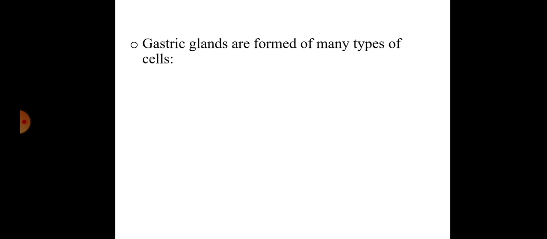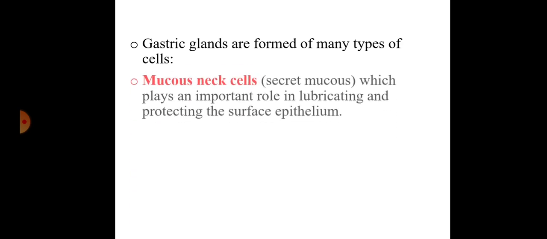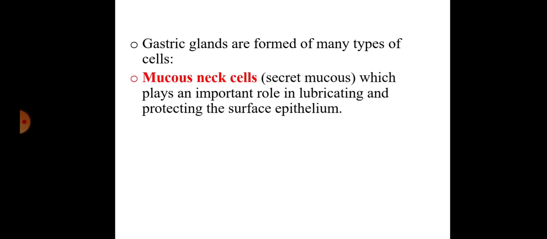The glands are of many types, such as mucus cells, which secrete mucus. This mucus is responsible for protection of the mucosa and also for lubrication of food.